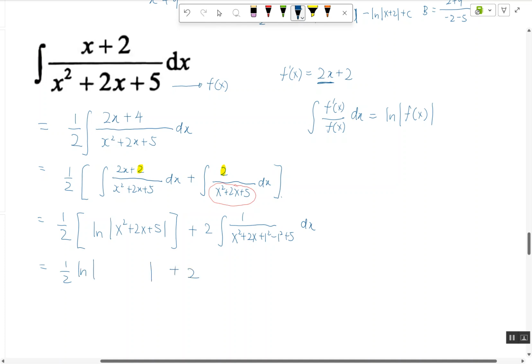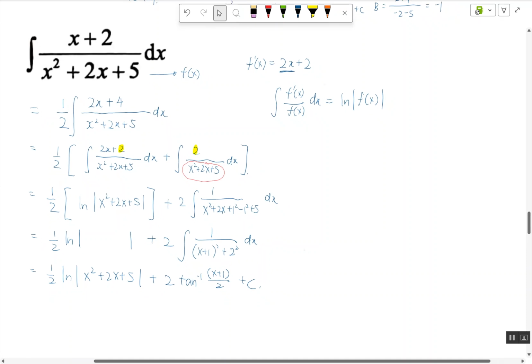Plus 2 integral, this will become (x + 1)² + 4. 4 is 2². If you look at your formula, you have to identify that the integral of that fraction of x² + a² is inverse tangent of (x + 1) over 2, plus c.